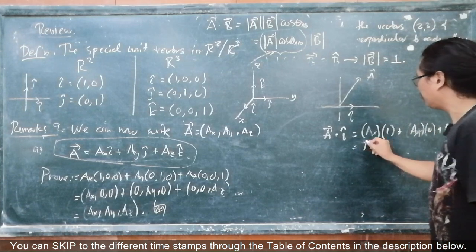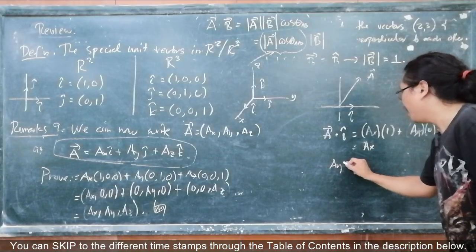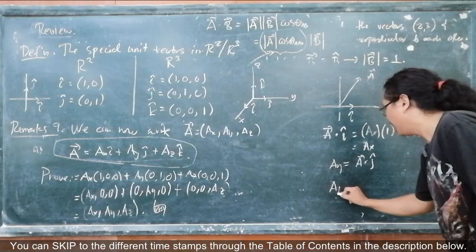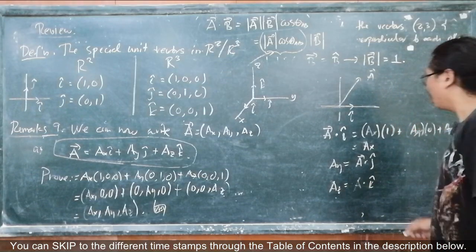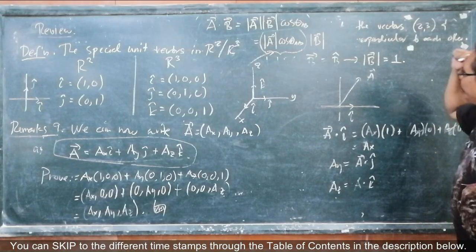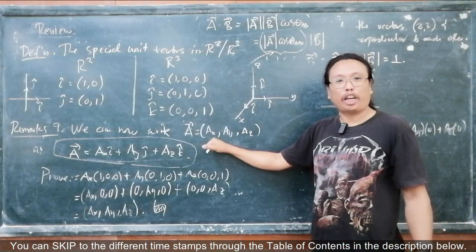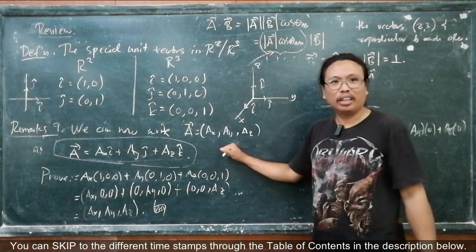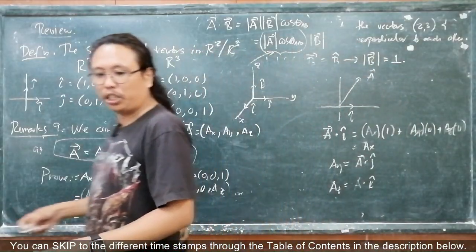These are all 0, so this is just ax. In fact, you can show that ay is equal to A dot j and az is equal to A dot k hat. So what I'm saying in this calculation is that ax, ay, az are indeed the projections of A onto the x, y, and z axes. Of course, that's how we define it, right? But by using i, j, k, we have retrieved that definition.